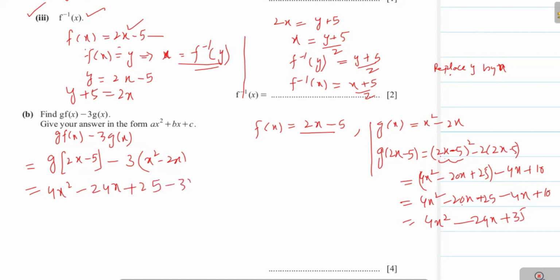And minus 3 times x squared minus 2x gives minus 3x squared plus 6x. This value equals 4x squared minus 3x squared, which is x squared, minus 24 plus 6 is minus 18x, and plus 35. This is the quadratic form of the answer.